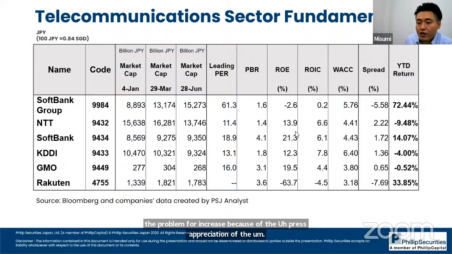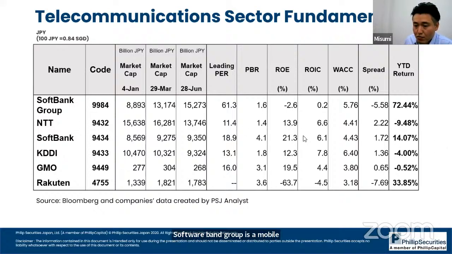NTT had the third best ROE, but its YTD return is negative. SoftBank, the mobile communication company, has a better ROE than SoftBank Group, and the ROE of Rakuten is negative because of its negative income. But from the perspective of the improvement of the mobile sector, it had the highest YTD return.